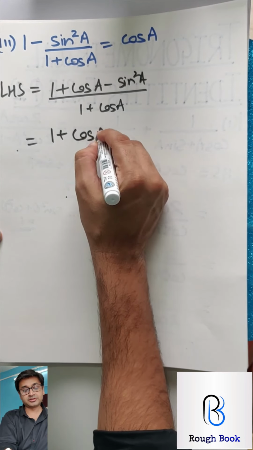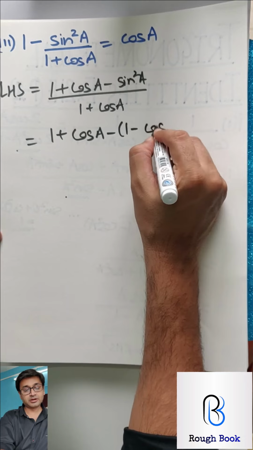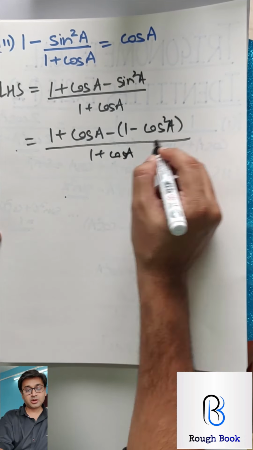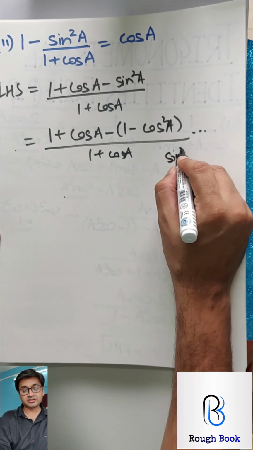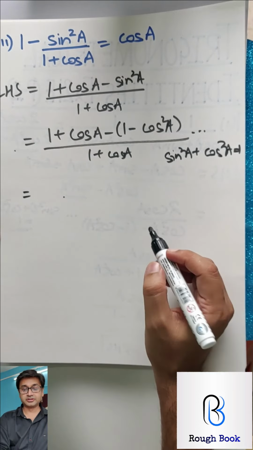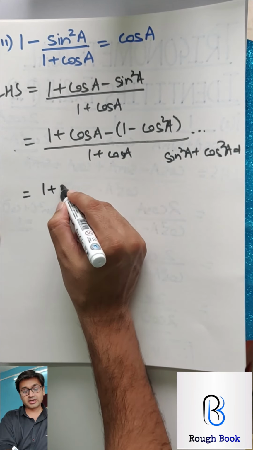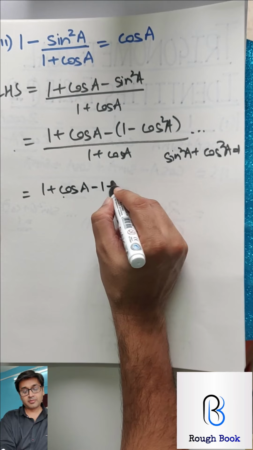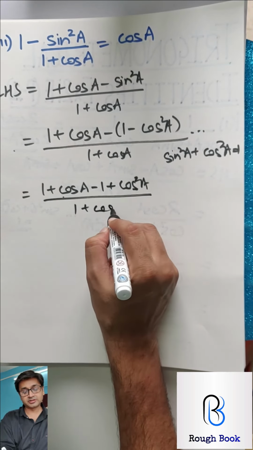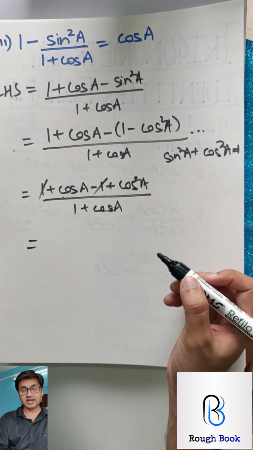So 1 plus cos A minus 1 minus cos square A upon 1 plus cos A. Don't forget to mention the reason. Sine square plus cos square is equal to 1. Further, open this. So I'll get 1 plus cos A minus 1 plus cos square A upon 1 plus cos A.